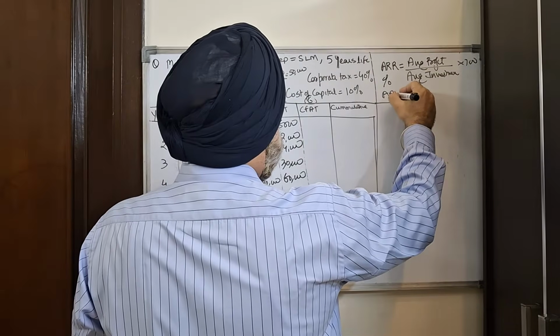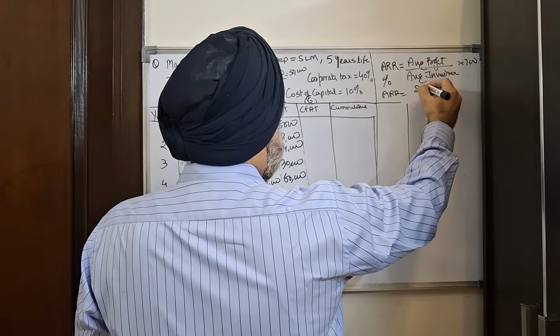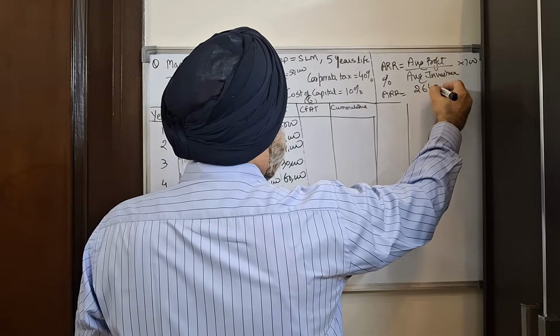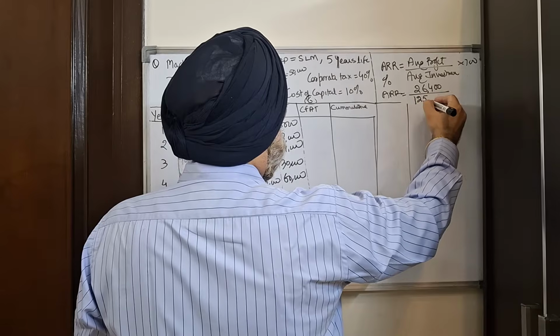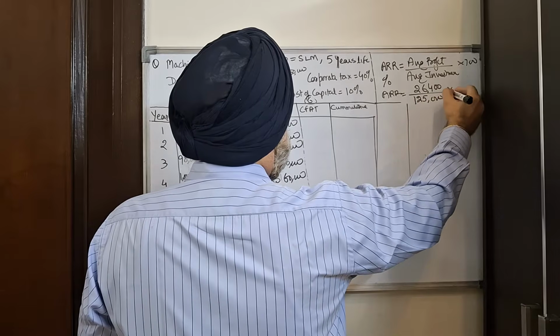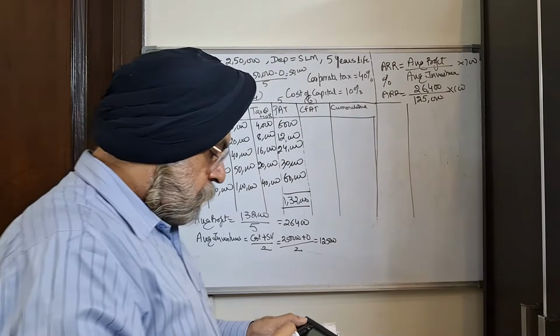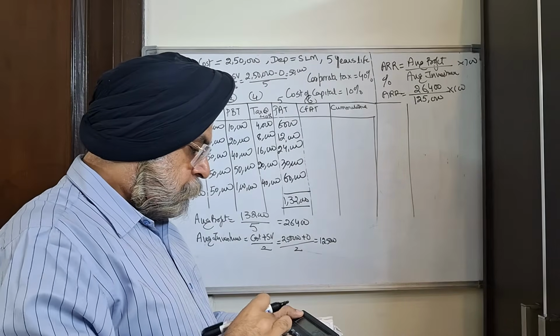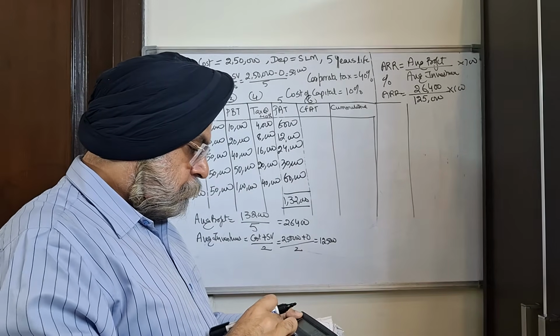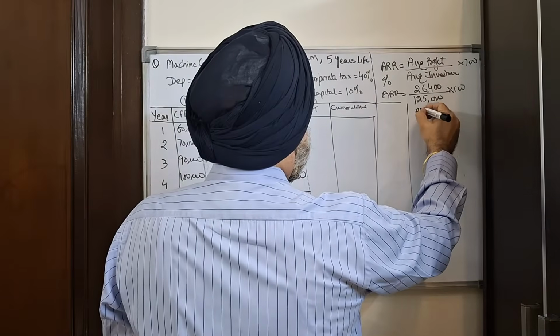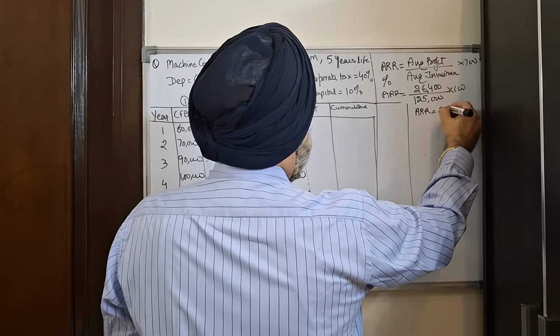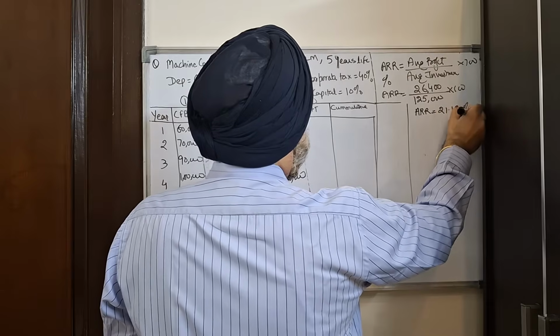So ARR is equal to average profit, 26,400, divided by average investment, 1,25,000, into 100. This comes to 21.12%.